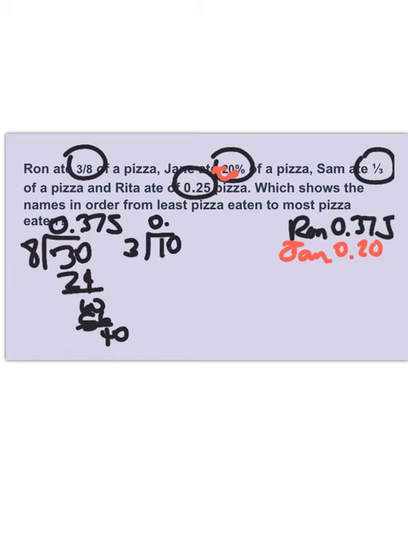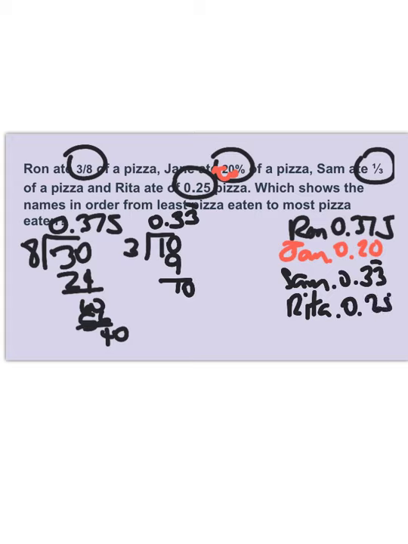Add my decimal and 0. 10 divided by 3 is 3. That's 9. Subtract, that's 1. Add a 0. Wait a minute, it's 3 again. So that is 3 repeating. So Sam is 0.33 repeating.